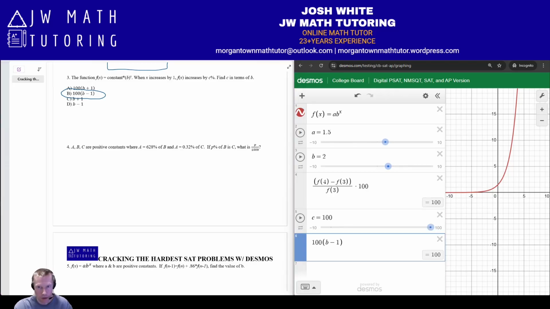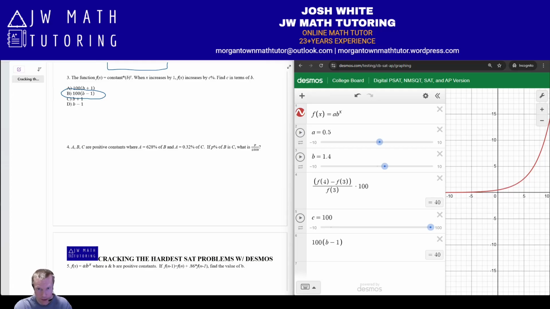Now, I just want to show you, if I pick different values for a and for b, I should still get the same answer. So let's say for b, I pick a number now, which is 1.4, and let's say for a I make this whatever, 0.5. Now notice my percentage change for the function with a 1 unit increase in x is now only 40%.